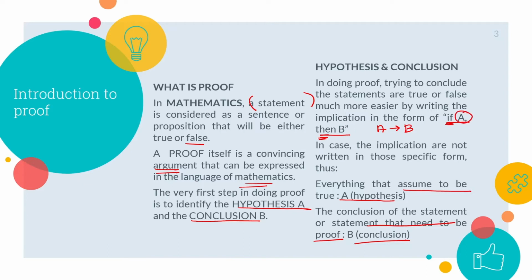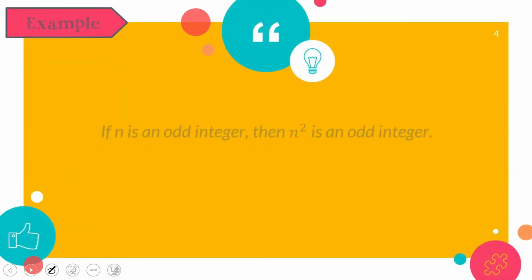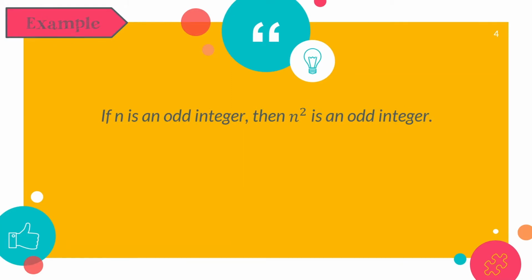Okay. Let's see some examples. So the first example is if n is an odd integer, then n square is an odd integer. So you notice that in this question, it used the if then form, which is after if, before then will be the statement A, and after then will be the statement B. So basically this is the hypothesis and this is the conclusion that you need to prove.